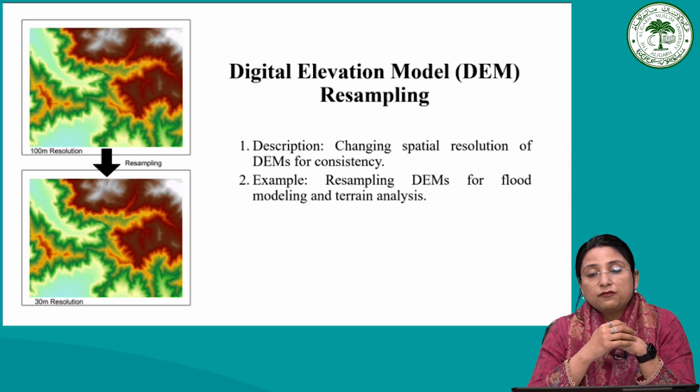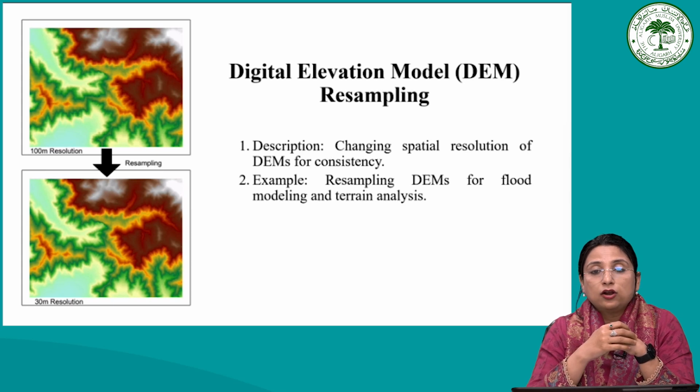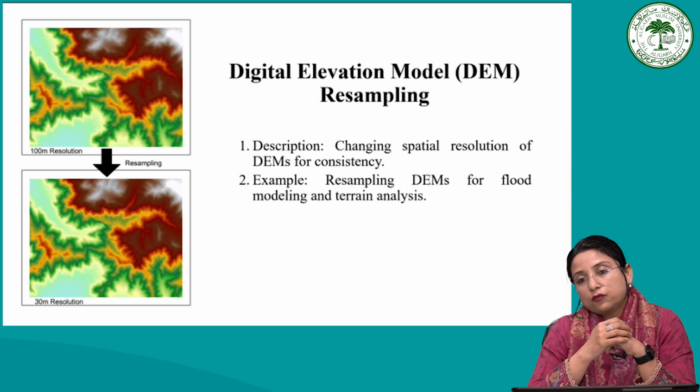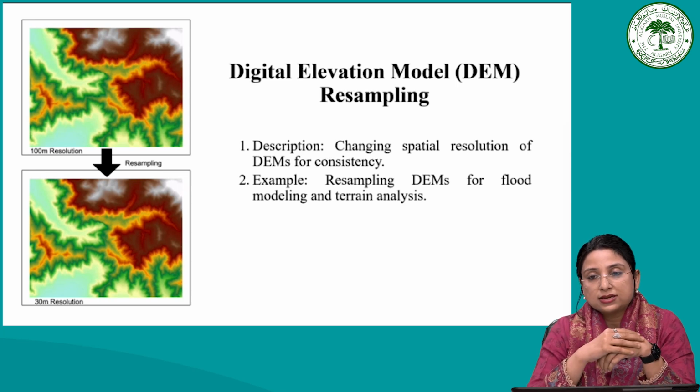These DEMs may have different spatial resolutions which can affect the level of detail and accuracy. It is obvious that if you have different spatial resolutions, it will affect the accuracy in the terrain representation.